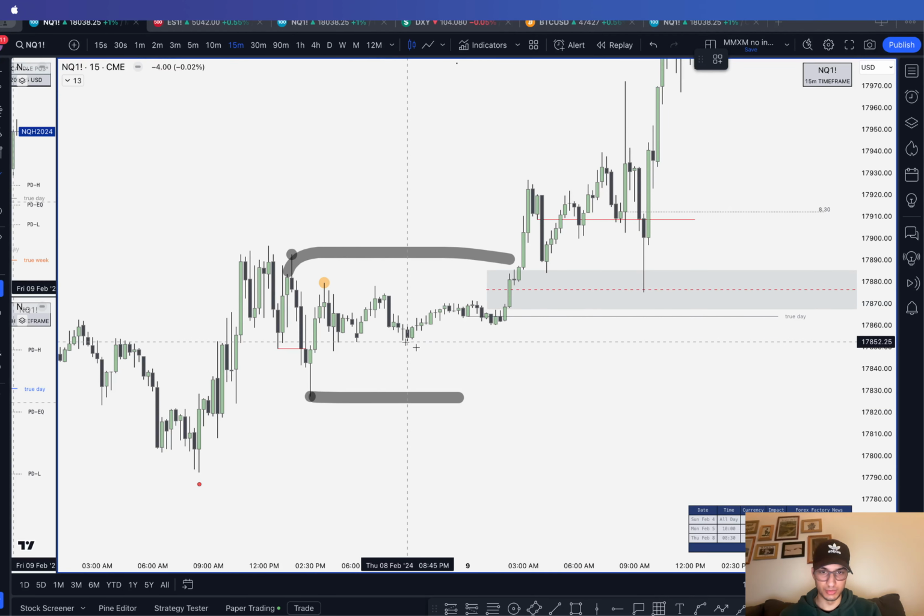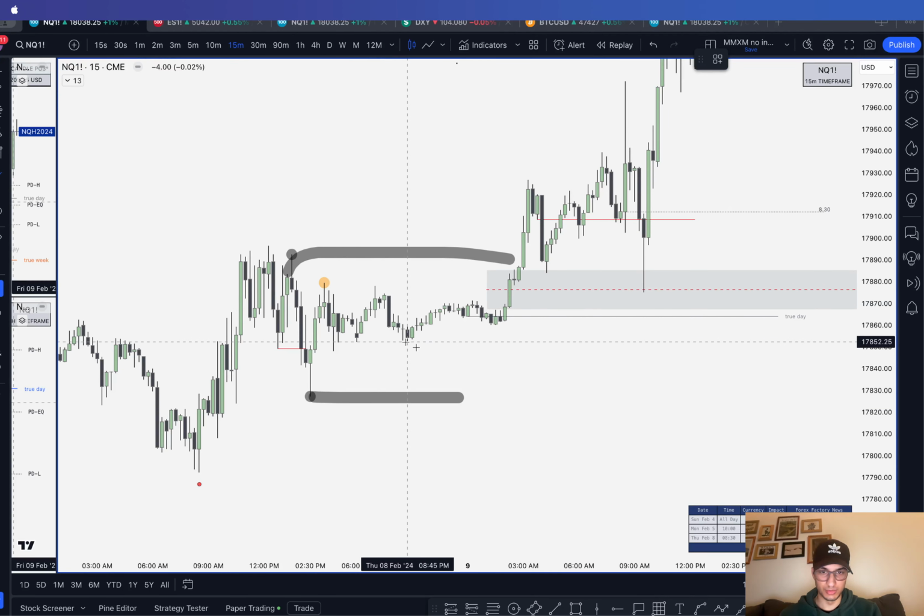Now, once we break above, so now we have it defined, right? This is our intermediate term high, intermediate term low. This low now puts in this high, not any of these other lows. It's this low right here that puts in this high, believe it or not. But what about all this?